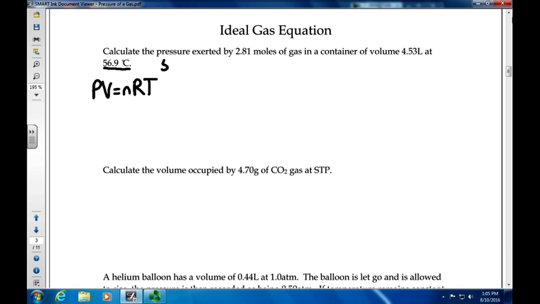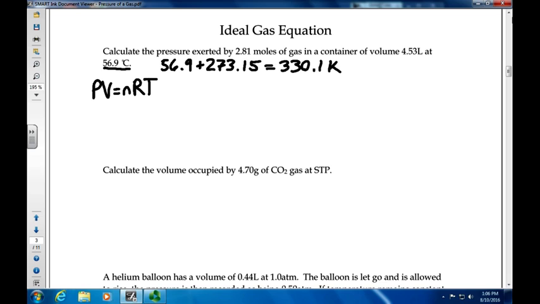So we take our 56.9 plus 273.15, and that gets us 330.1 Kelvin. That's our temperature.